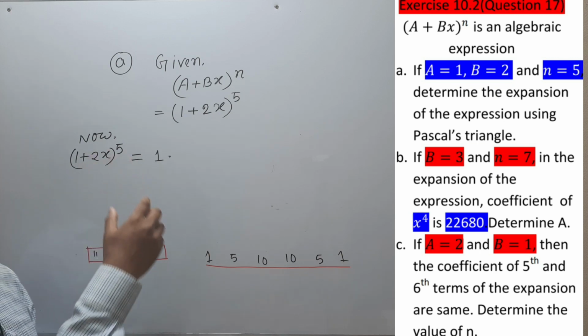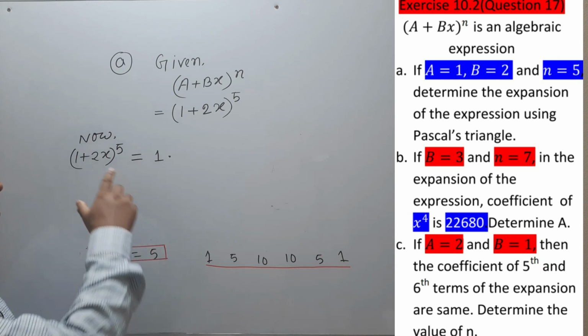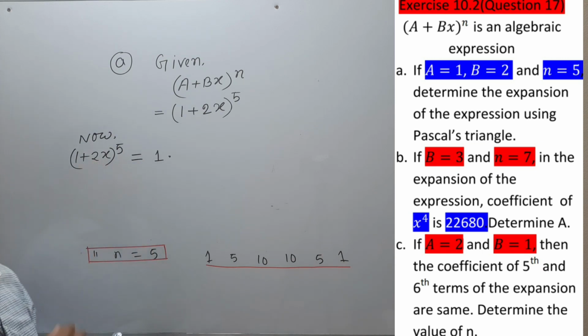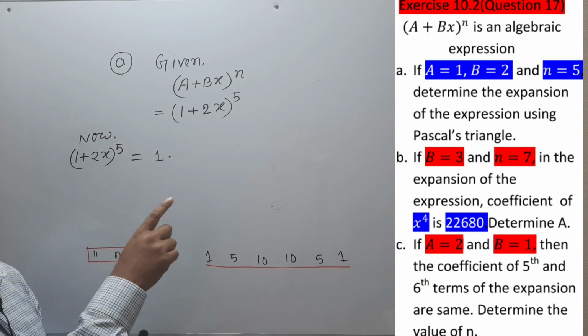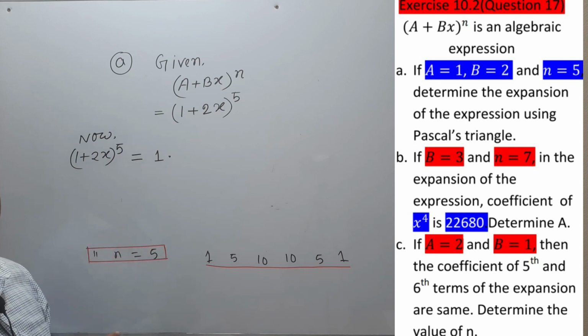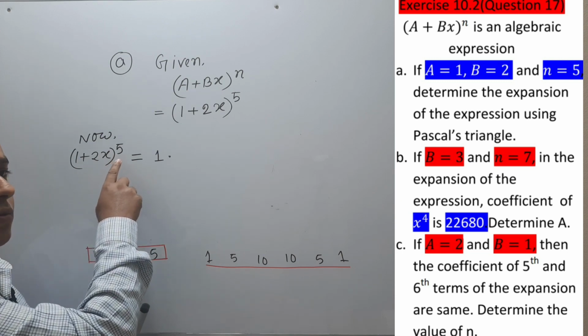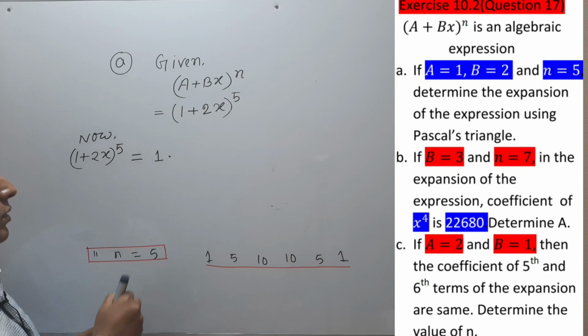Any power of 1 is always 1. So our second term is 2x. We have to maintain the power of second term according to the ascending order. Okay, that means we have to start from 0.